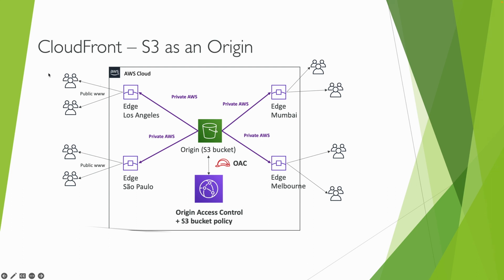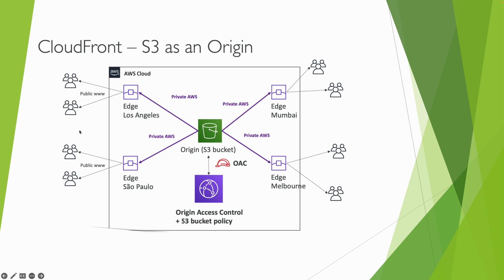So the data in the S3 bucket, on the first request, will be pulled to this edge location and stored in this cache. Any people from the US region who then request the same object, instead of going to the S3 bucket, will get the data from the edge location in Los Angeles.